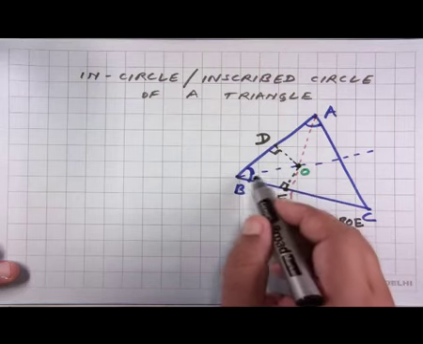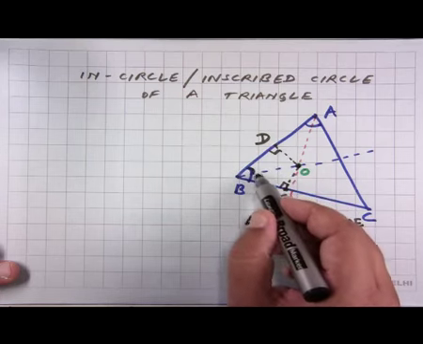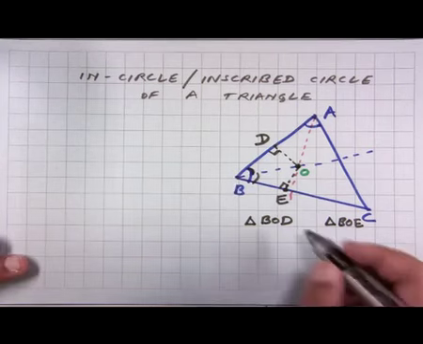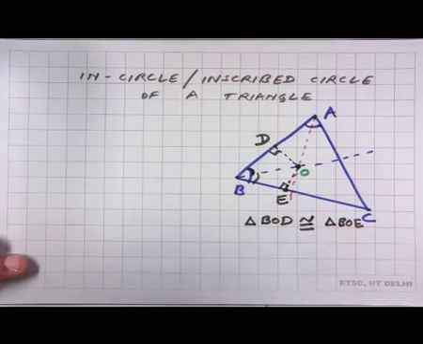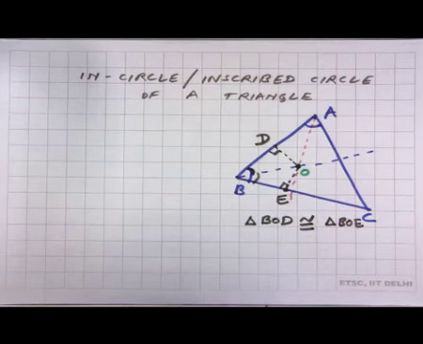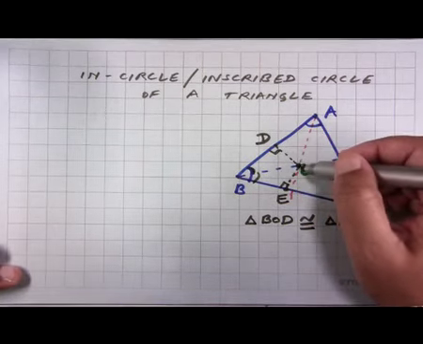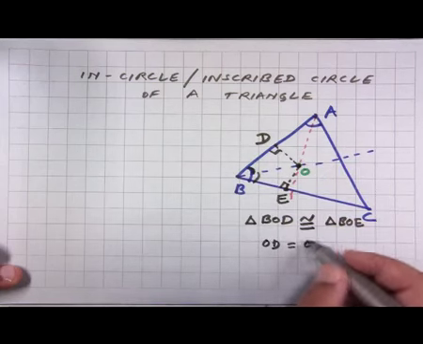And lastly, since this blue dotted line is the angular bisector, this angle and this angle are both equal to B by 2. From there it follows that these two triangles are congruent, and because they are congruent, OD must be equal to OE.